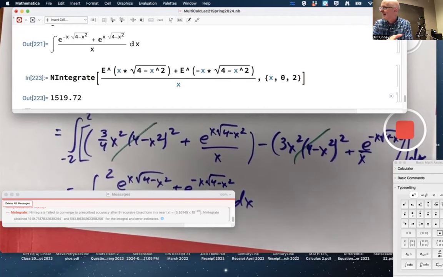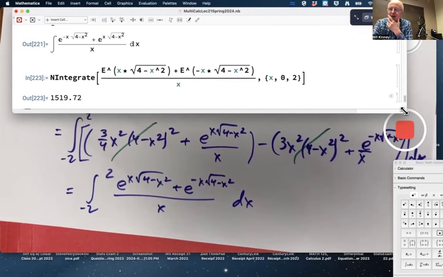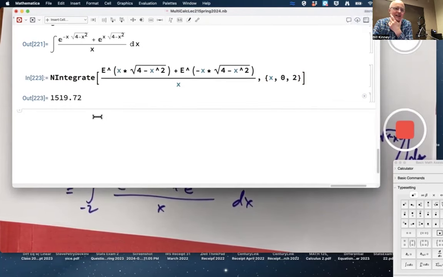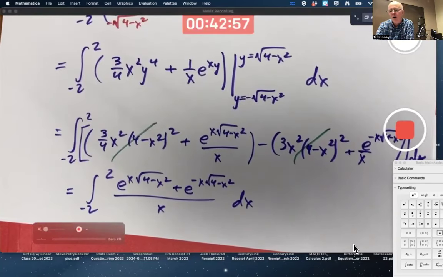My guess is it's wrong, because probably the integral diverges and it's trying to do it without knowing that. NIntegrate is just, quote unquote, a dumb command, because it's just doing numerical integration without thinking about convergence or not. So probably I picked a bad example. Probably it diverges.